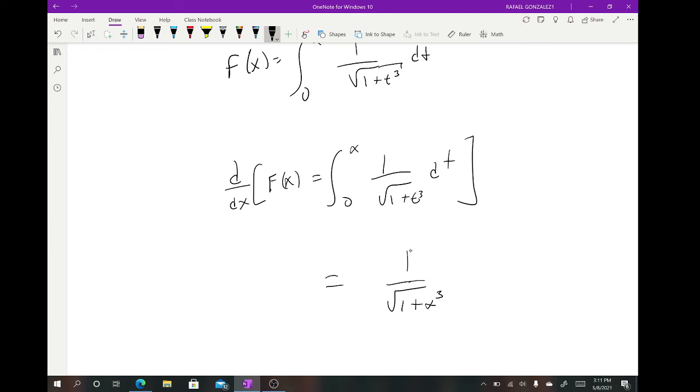Basically, what happened here is that the antiderivative and the derivative cancel out. This upper limit of integration gets plugged into the variable, and you will be done. That will be what the derivative is.